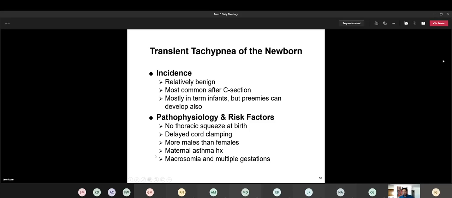Again, especially the preemies who had to be born through C-section. So the pathophysiology is just saying if they weren't born naturally, they didn't get a chance to get that fluid squeezed out. And then the cord clamping, again, there's such controversy these days. When do you clamp the cord and cut it?